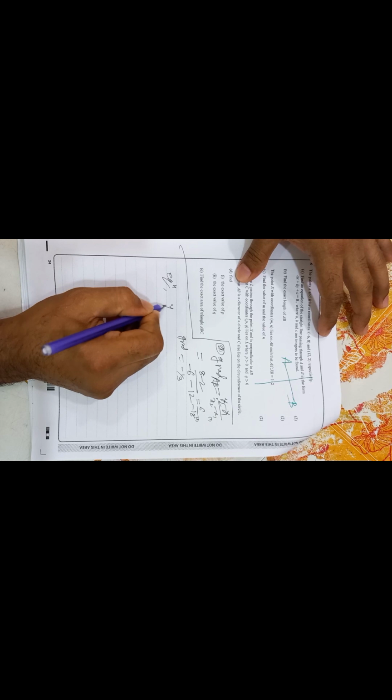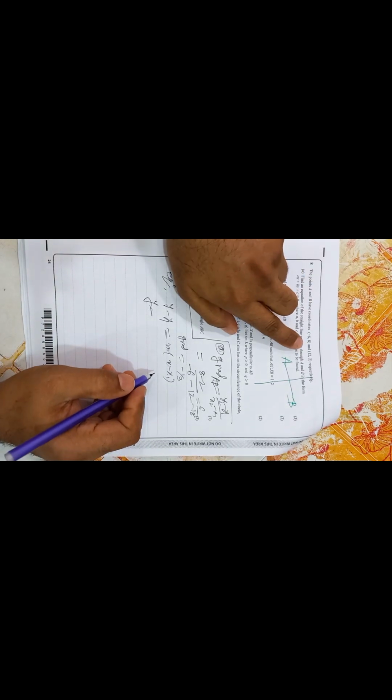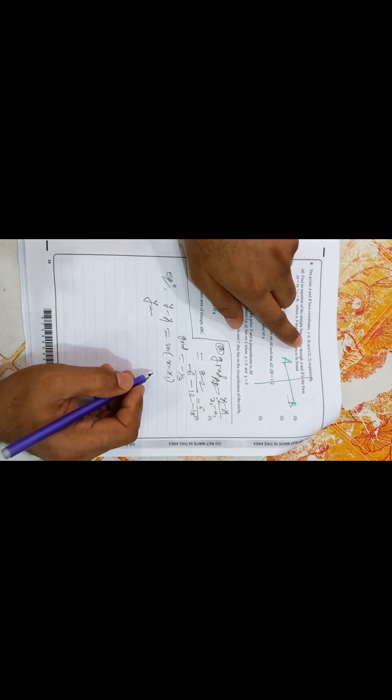Now how can I make the equation? The equation is y minus y1 equals m times x minus x1, using a convenient point. Which one is the convenient point?